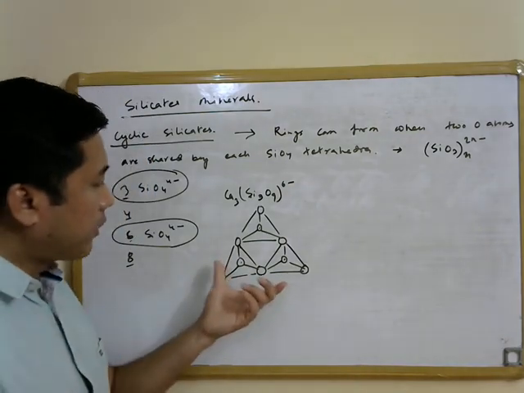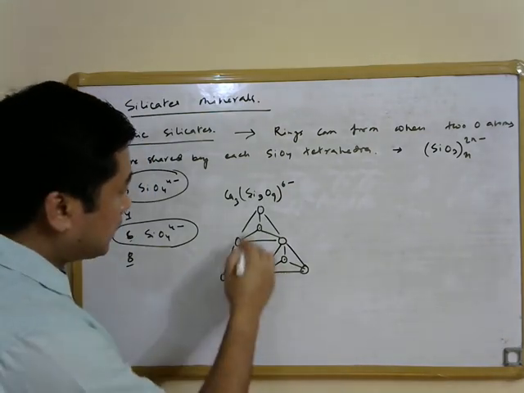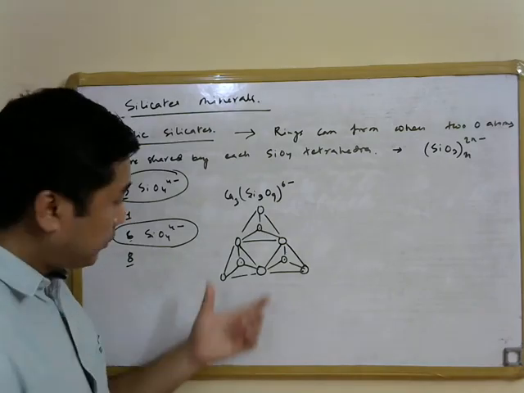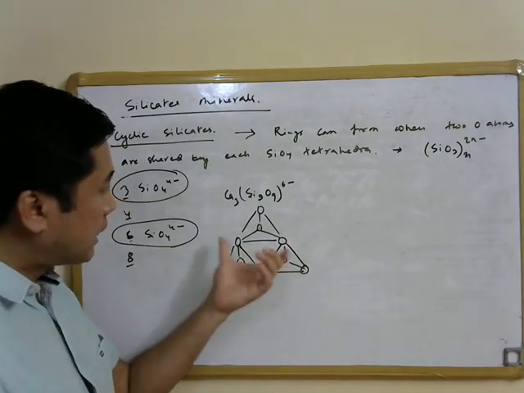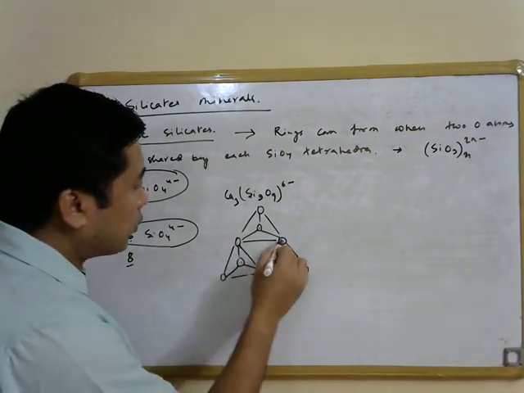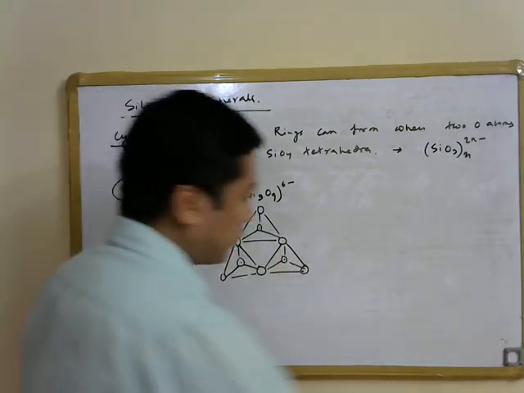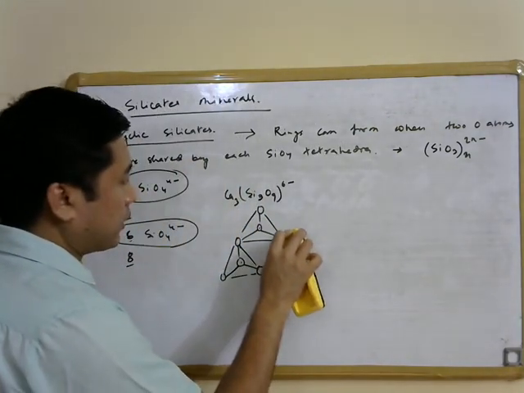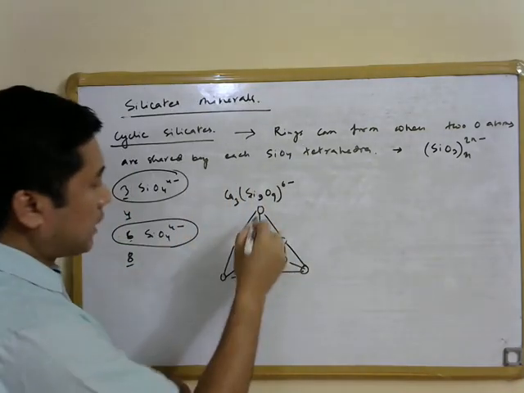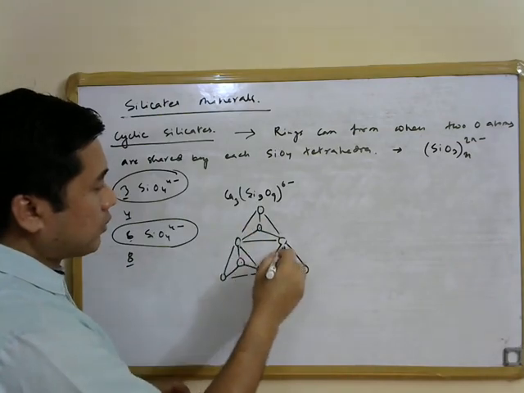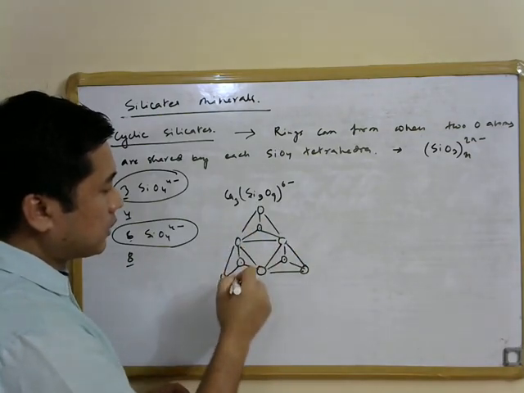In this way, what we have seen here, there are three SiO4 units present over here, and each of these SiO4 units shares two oxygen atoms with two nearby SiO4 units. For example, this SiO4 unit on top shares these two oxygen atoms.